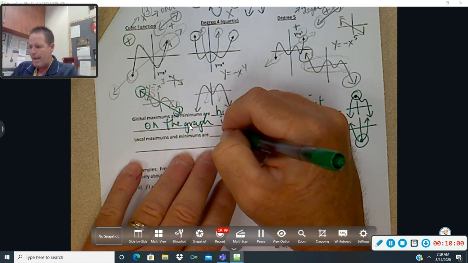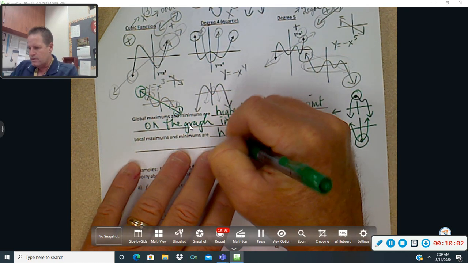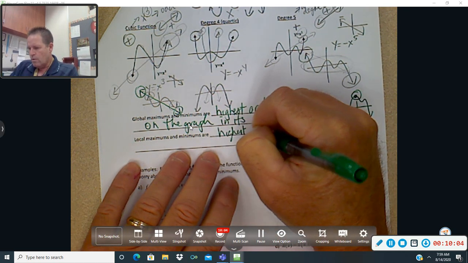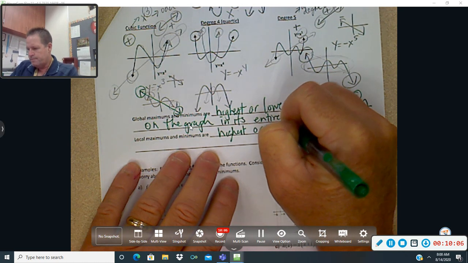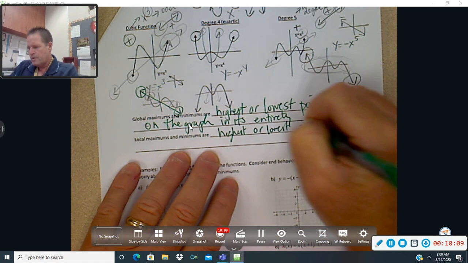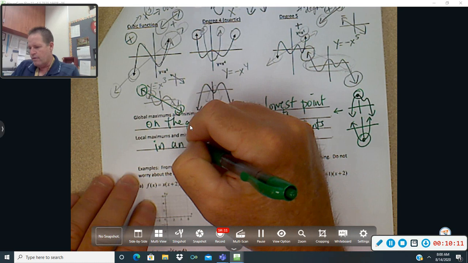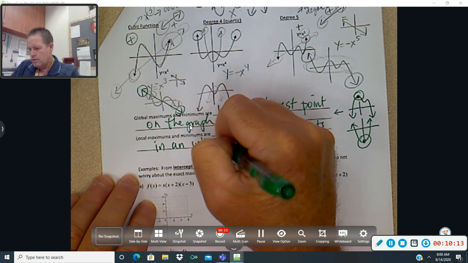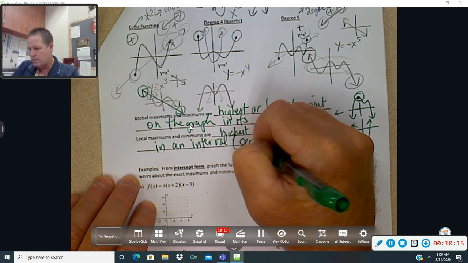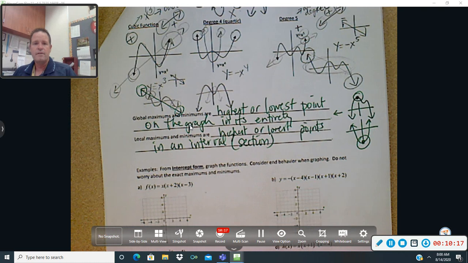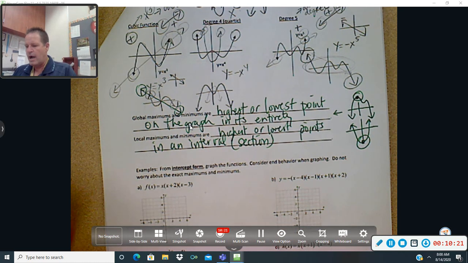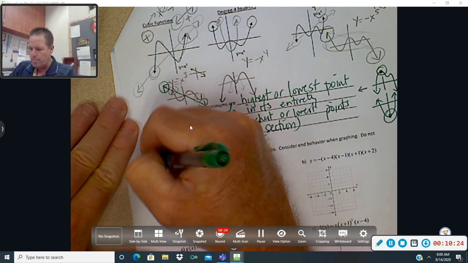These are maximums and minimums, the highest or lowest points in an interval. And an interval is a section of the graph. So in an interval, in a section, it would be your highest or lowest point. Let me draw you a picture of that.